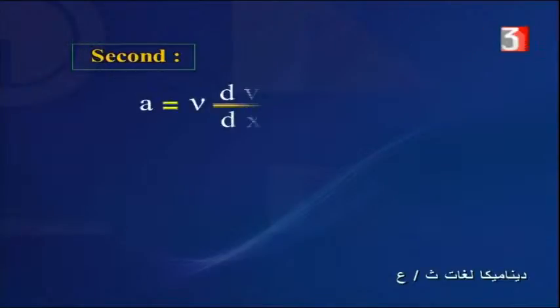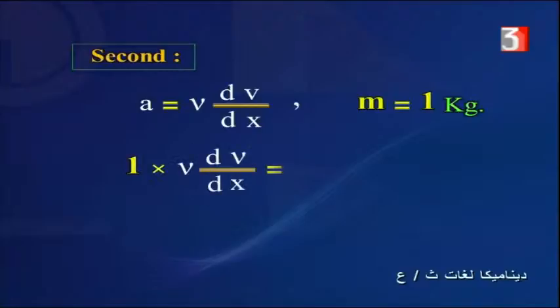The second required: A equals V dV dx, and the mass equals 1 kilogram. Then 1 times V dV dx equals F, which equals 5x plus 6.